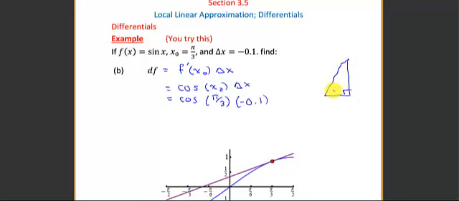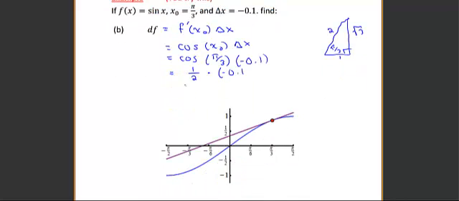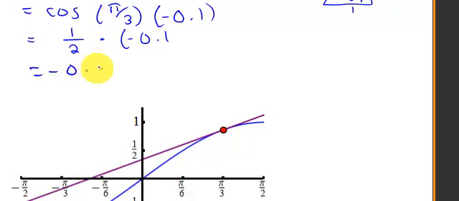Let's see, this is pi over 3, so 1, 2, square root of 3. Cosine is adjacent over hypotenuse, so that's 1/2 times negative 0.1, and 1/2 is 0.5, so this would be negative 0.05. Notice that negative 0.05 is approximately the negative 0.05443.